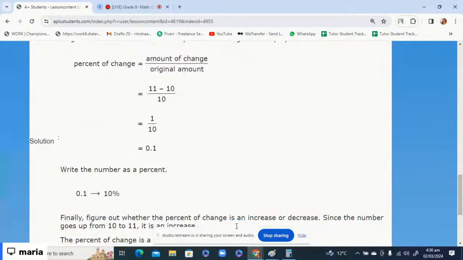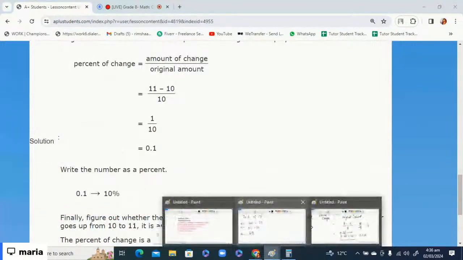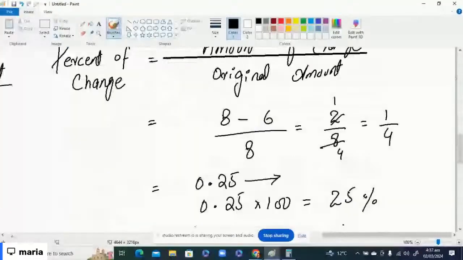Same thing. We're doing it again. Let's do it. So this is the amount of change, and here is the original amount.